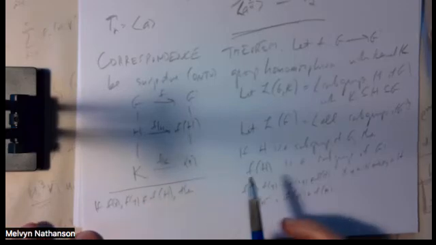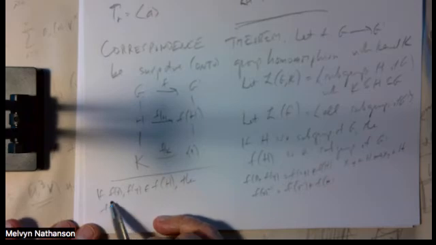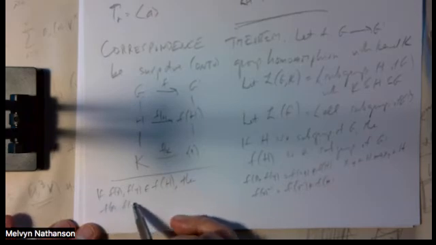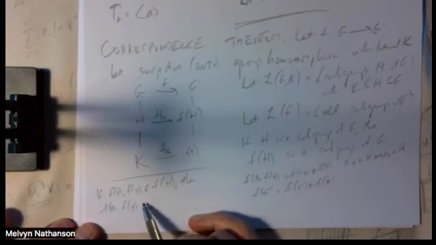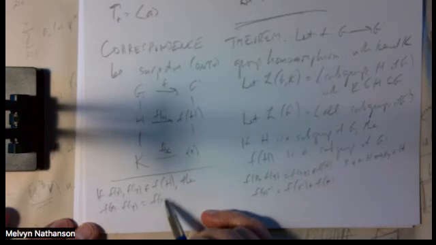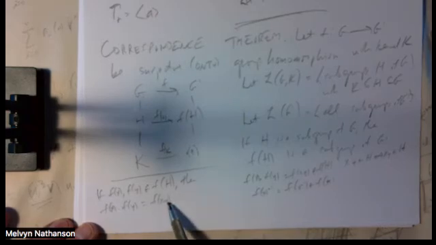So this is just showing that if H is a subgroup of G, its image F of H is a subgroup of G prime. So if F of X and F of Y are two elements in F of H, then if I multiply them together, F of X times F of Y, but F's a homomorphism. So that's F of X times Y. X times Y is in H because H is a subgroup, closed under multiplication.